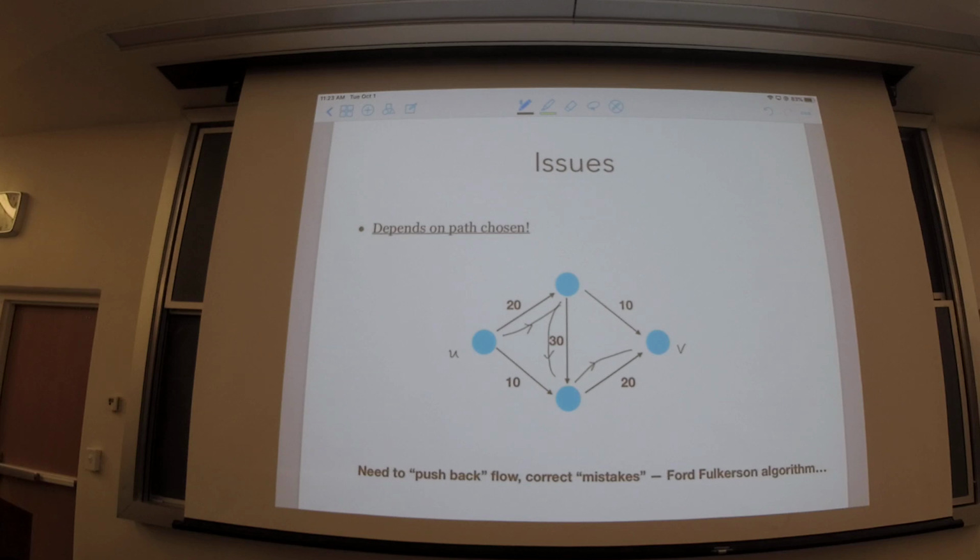So what he's saying is, if you just looked at the same graph, but you remove this edge, you just have 20 here, 30 here. So this is still fine, because you'll still find the second path.